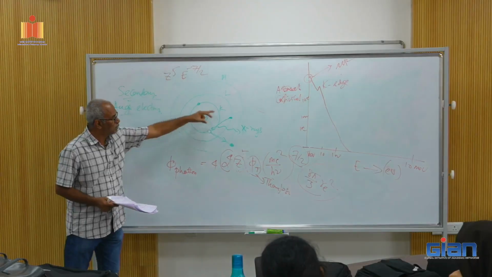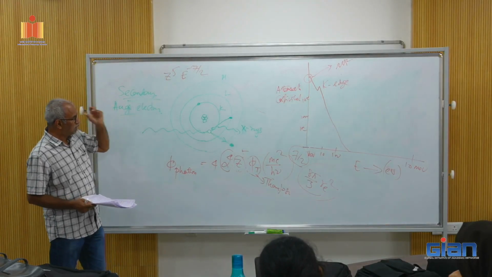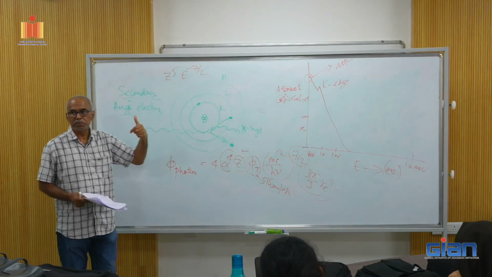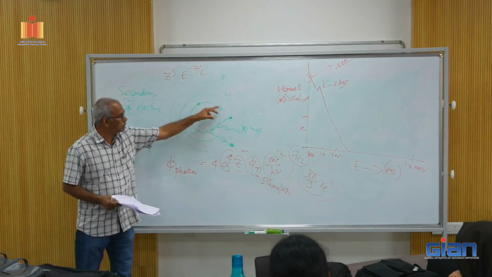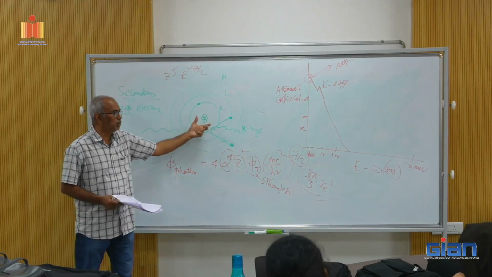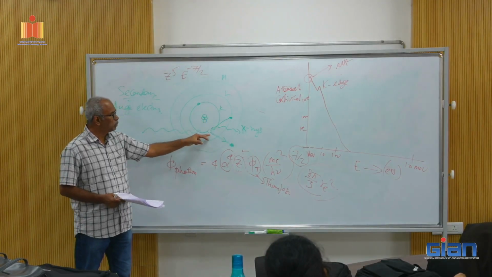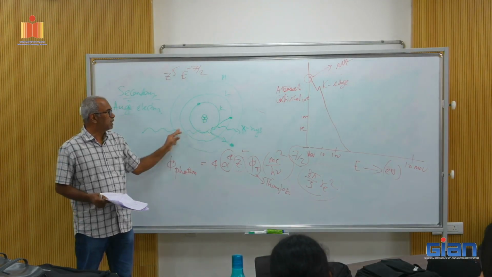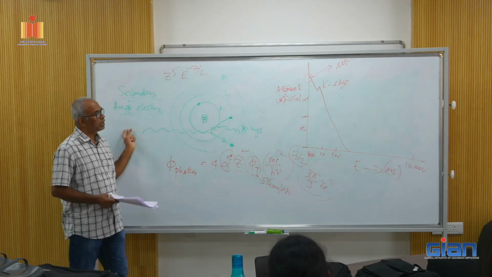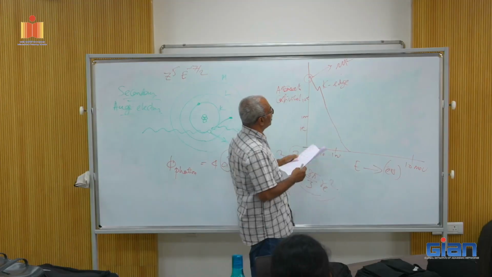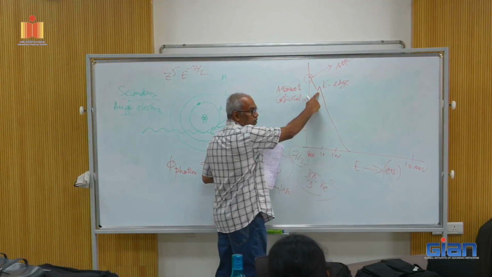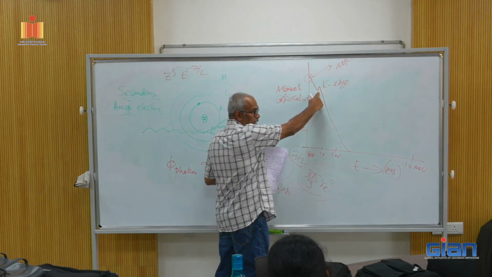Now the typical part of this is that these energy levels have specific binding energy values. The closest one to the nucleus, the K shell, will have the maximum one. If you want to knock out the K shell electron, you should have the maximum possible energy. Until and unless the photon has that much energy, it cannot knock out the K electron.